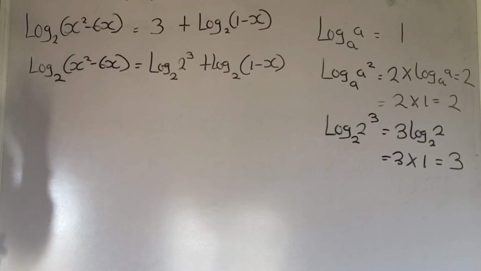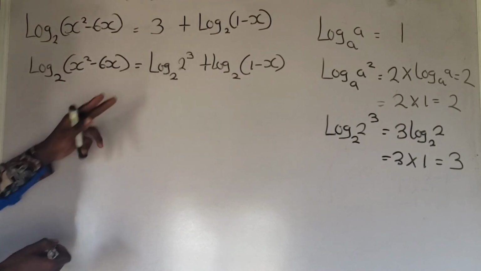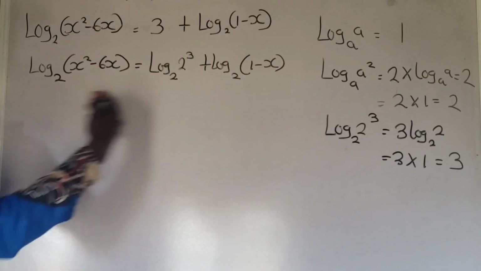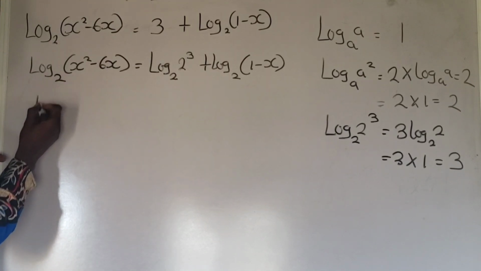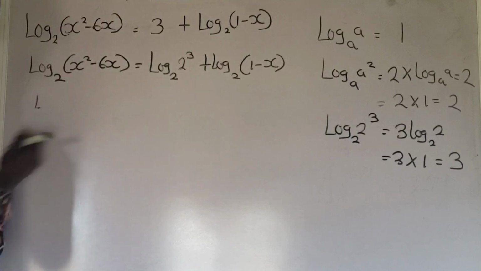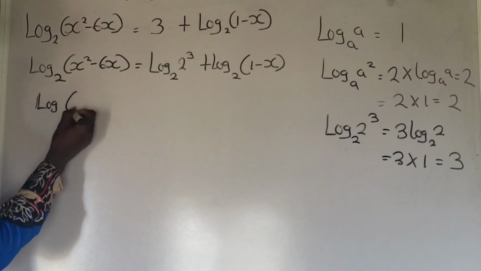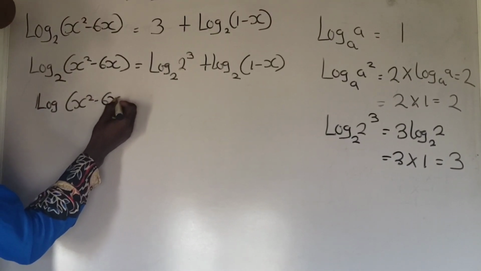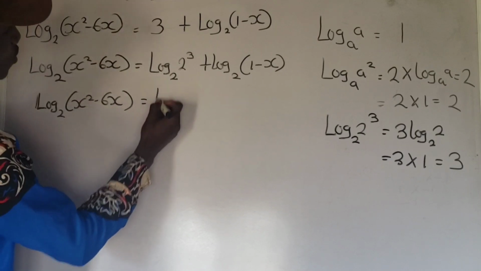Now, let us start from the right hand side of this equation. I'm still going to have log base 2 of (x squared minus 6x) is equal to log.